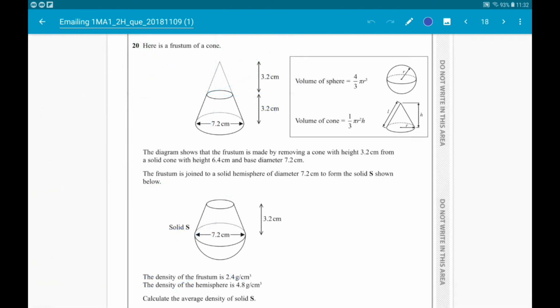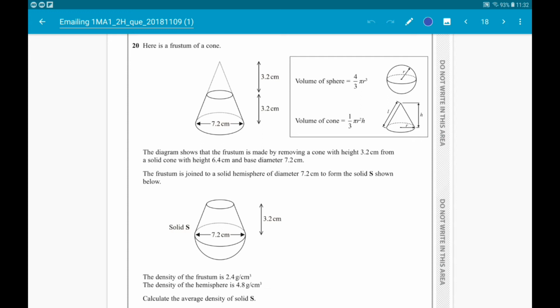Okay, number 20, look at this, data list. So we got a frustum of a cone. That means if you have a big cone, lop off a little cone, you're left with a frustum. So the diagram shows that the frustum is made by removing a cone with a height of 3.2 centimeters from a solid cone with a height of 6.4 centimeters and base diameter 7.2 centimeters.